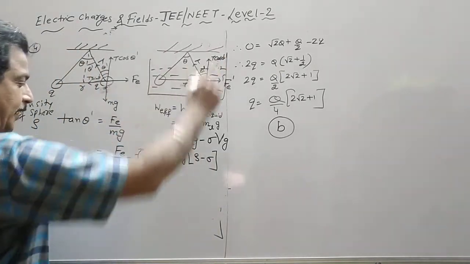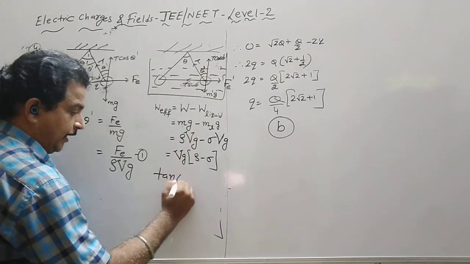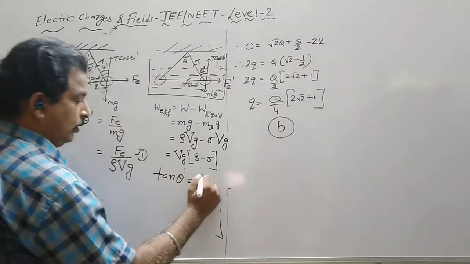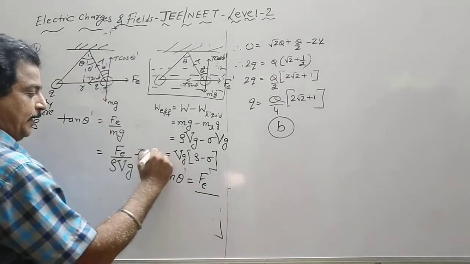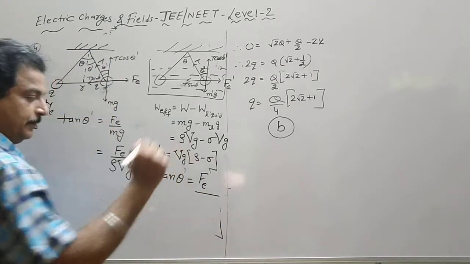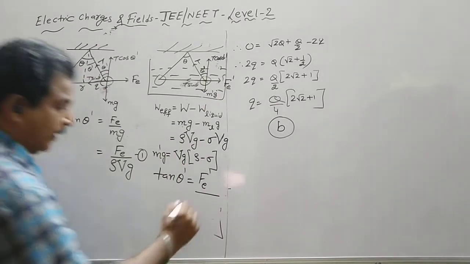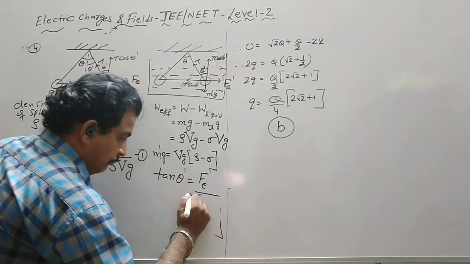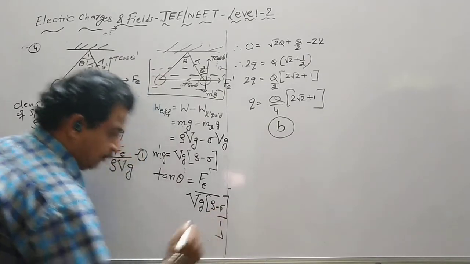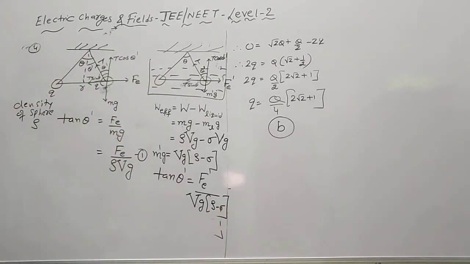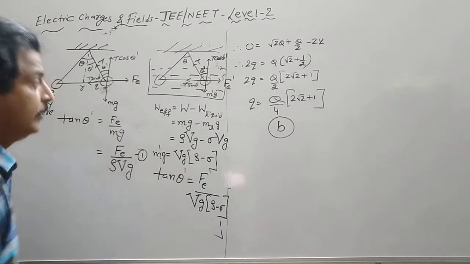So again, tan theta dash is equal to Fe dash upon m dash g, which becomes Fe dash upon Vg (rho minus sigma), where sigma is the density of the fluid.